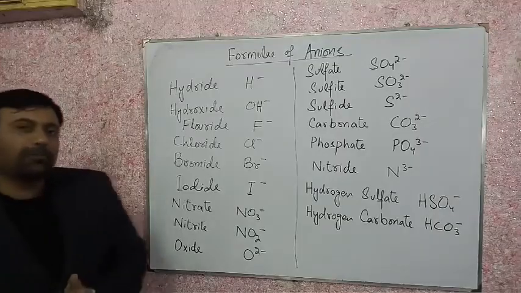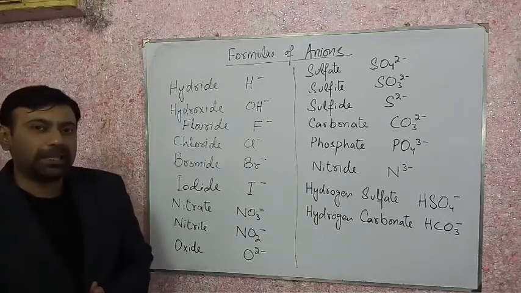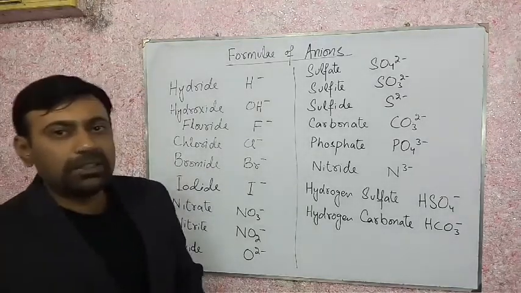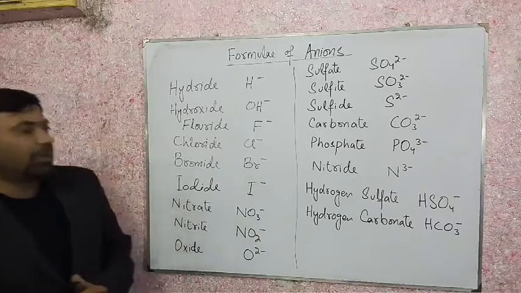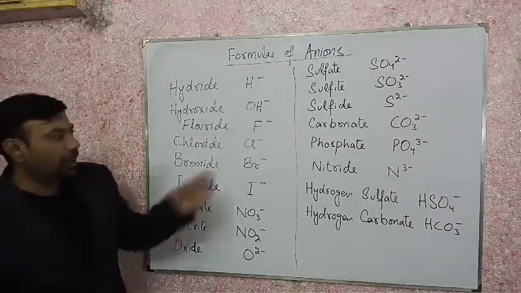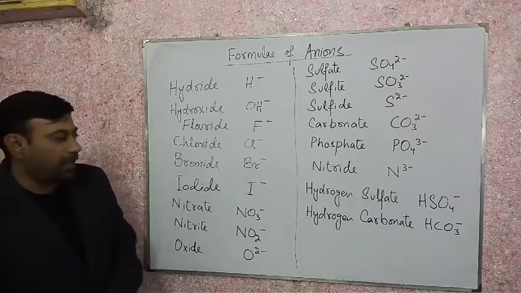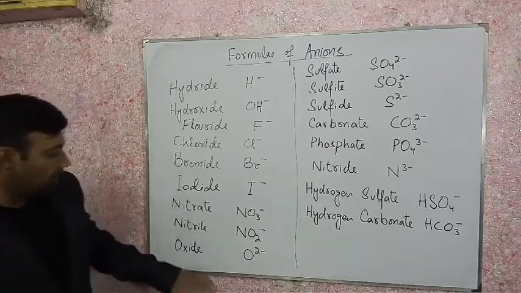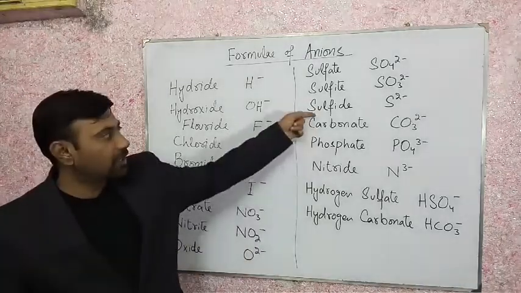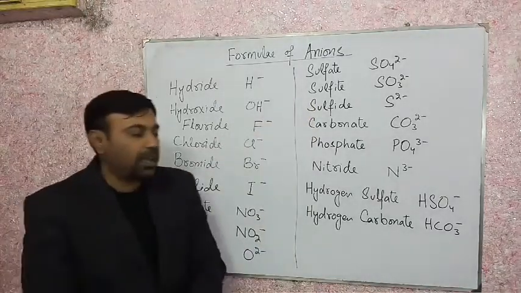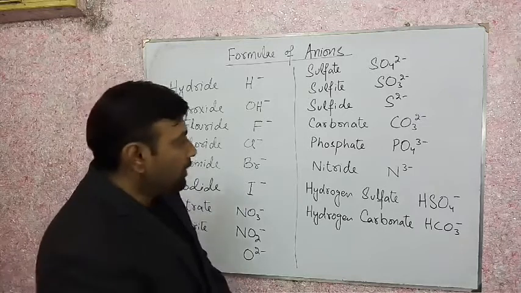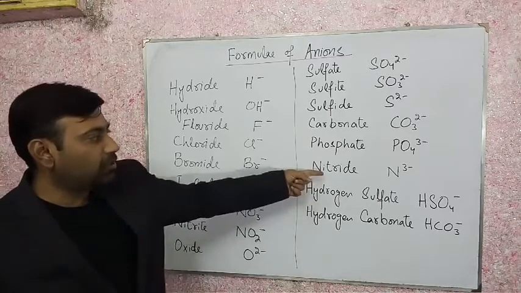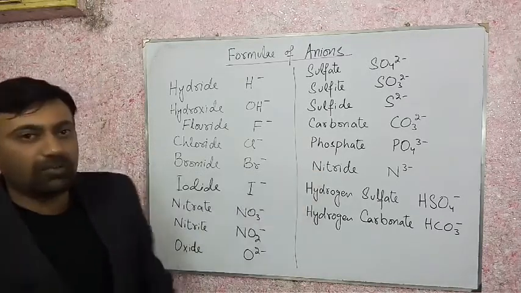Here are the formulae of commonly used anions, and charges on a few of them are easy to predict. For example, the monoatomic ions of group 7 elements all have a charge of -1, and monoatomic ions of group 6 elements, for example oxygen and sulfur, oxide and sulfide, these two have charges of -2, and monoatomic ions of group 5 elements such as nitrogen here, the nitride ion, have a charge of -3.